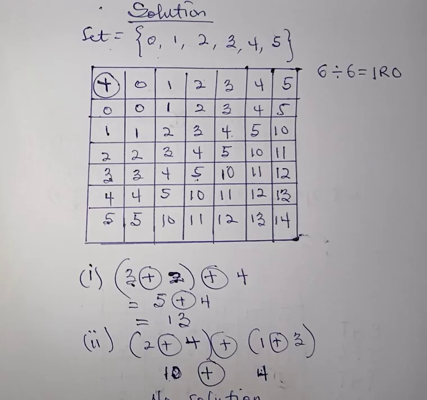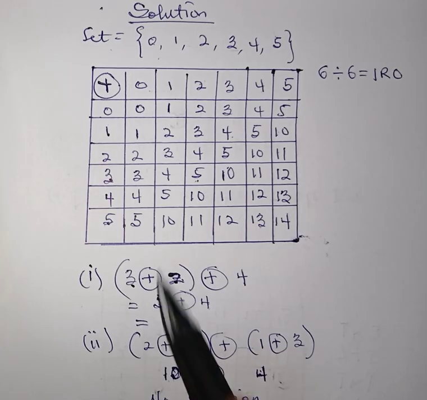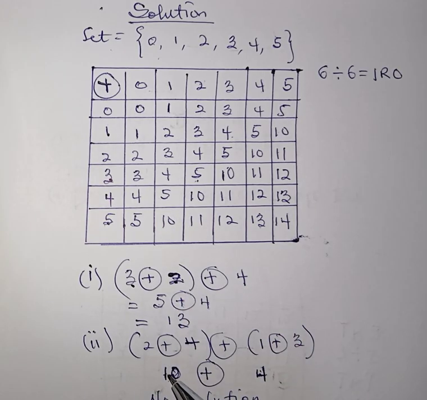If we were not asked to use a table, you are just asked to find the value of this. This time what we would have done is, without using the table, would have added this to this. This is 10 plus 4, which will be what? 14. Then after the 14, we apply the base.